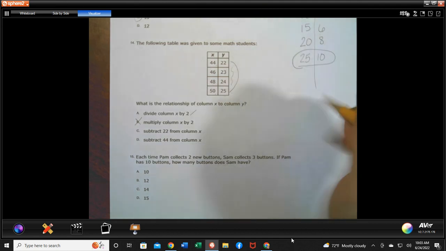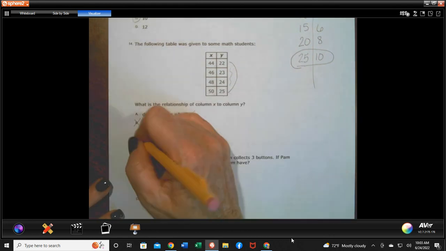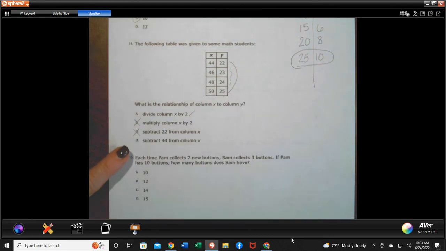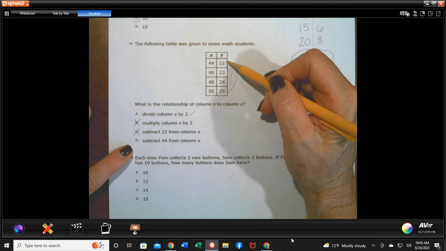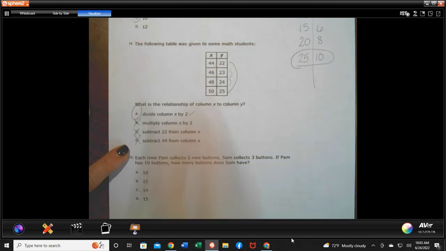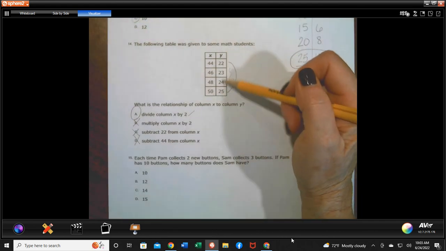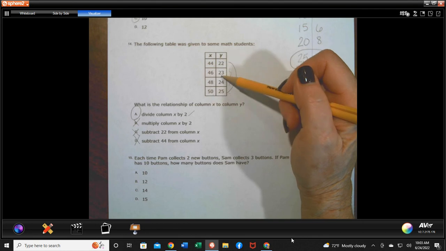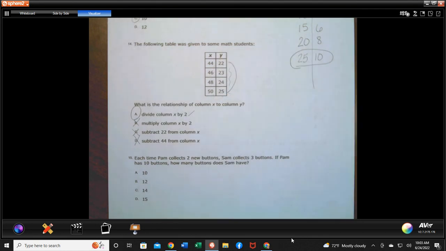So no, it doesn't work for the last term, so it's not going to work for all the terms, so it can't be C. Subtract 44 from column X. Well, if I subtract 44 from 44, I get 0, and I don't have 0, so that doesn't even work for the first term. So the answer is A. I am dividing column X by 2. So in essence, all these values in Y are half the value of their corresponding term in X.